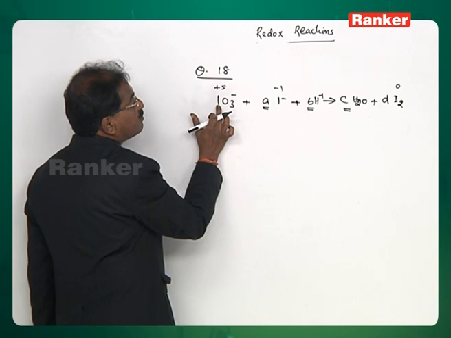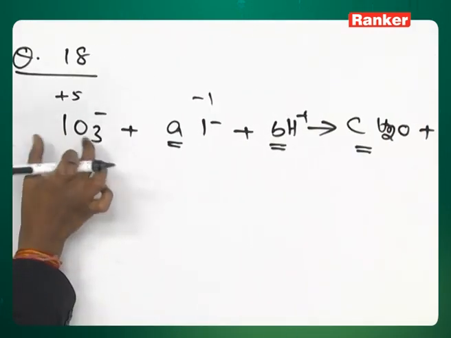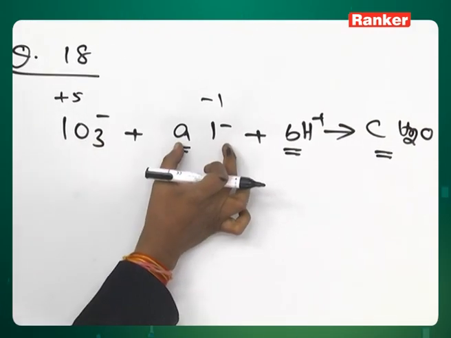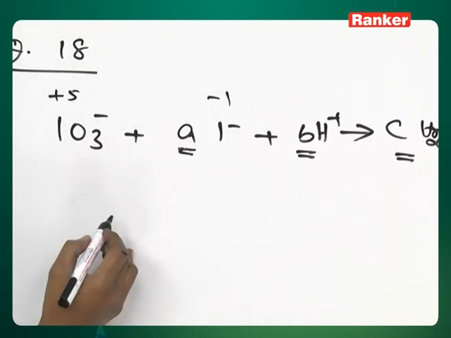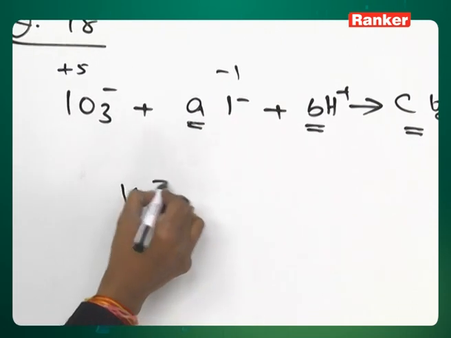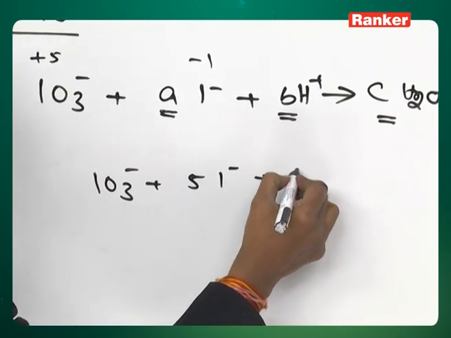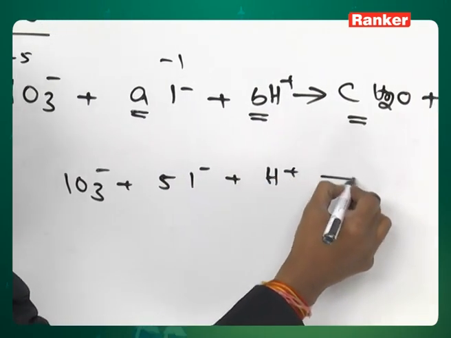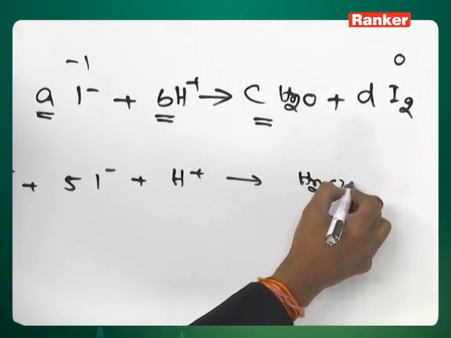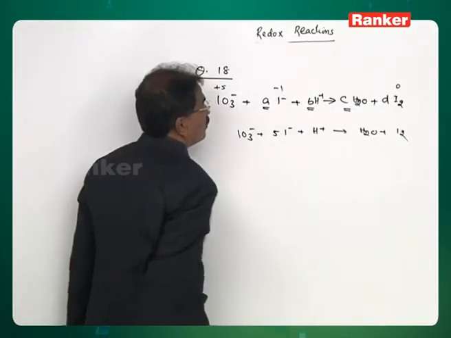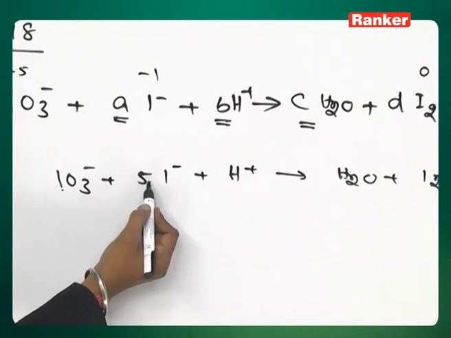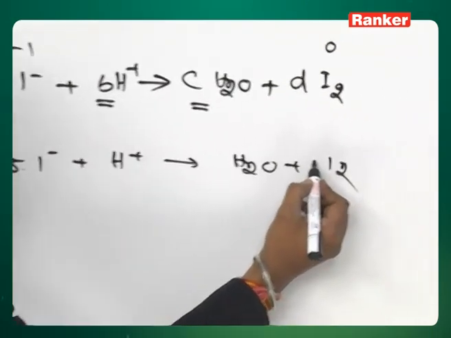But this iodine requires 5 electrons. Therefore, for 1 mole of IO3 minus, you take 5 moles of I minus. Therefore, 1 plus 5, total 6. Therefore, it should be 3.